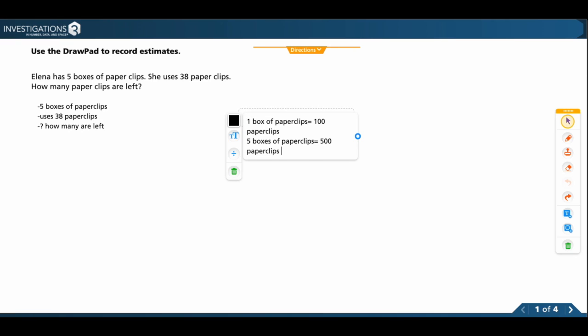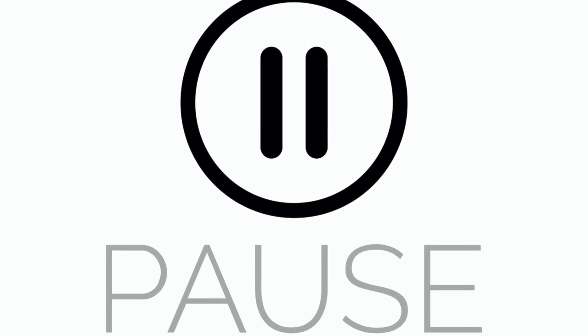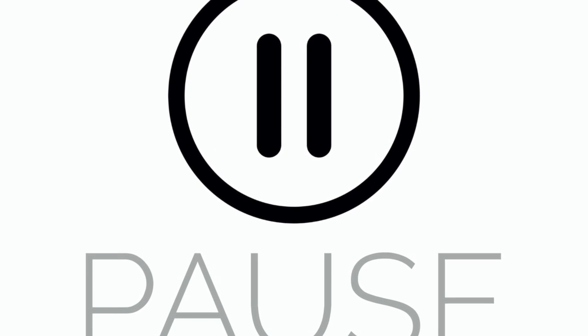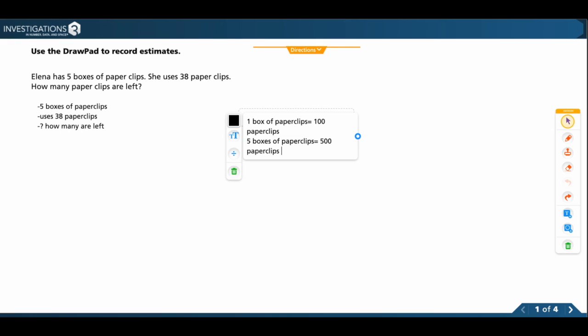And why do you think that? So you could have thought that this answer might be closer to 500 because you're not taking away that many paper clips. You're only taking away 38. So if you took away 38 from 500, it's still going to be rounding up to 500.